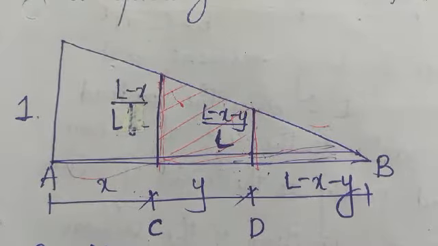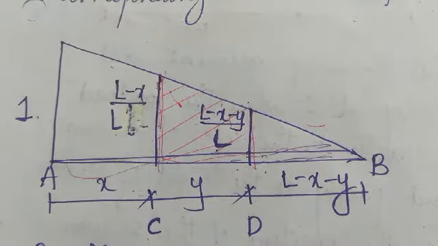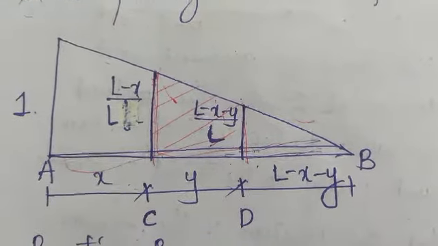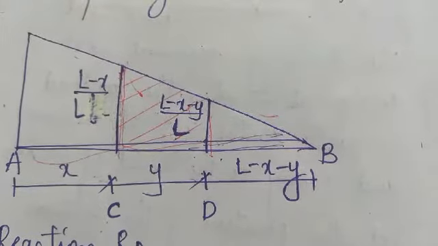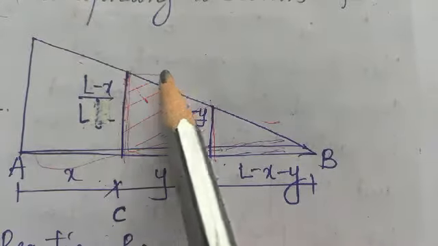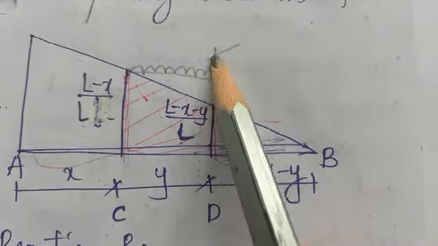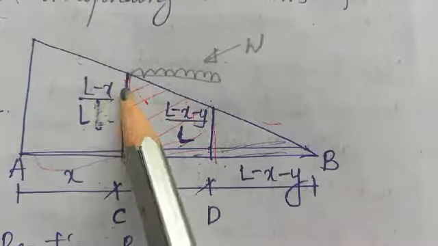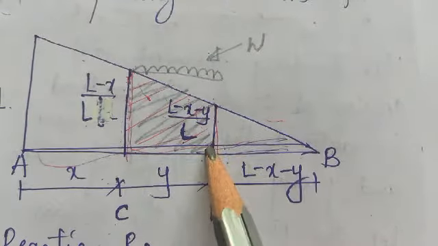So I have to calculate the ordinate values at C and D using similar triangles. On this distance you are having the UDL of intensity W, so I have to calculate this area only.